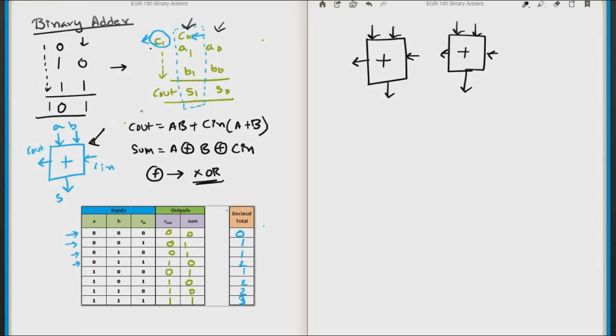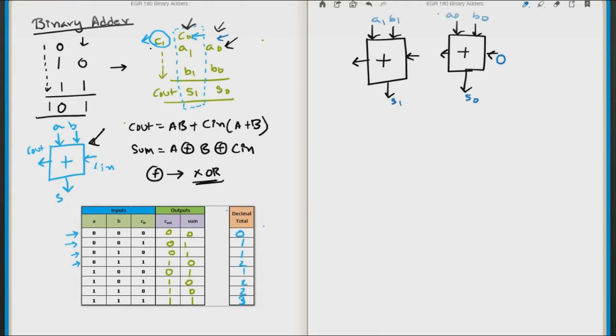Look at the block on the left. We have inputs A and B on the top. My first bit has inputs A0, B0, and output sum S0. Similarly, my second bit has inputs A1, B1, and sum S1. Do we have a carry from the previous stage for bit 0? The answer is no, so we give a 0 here.